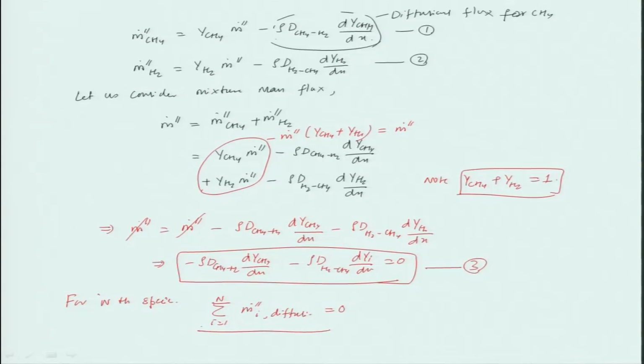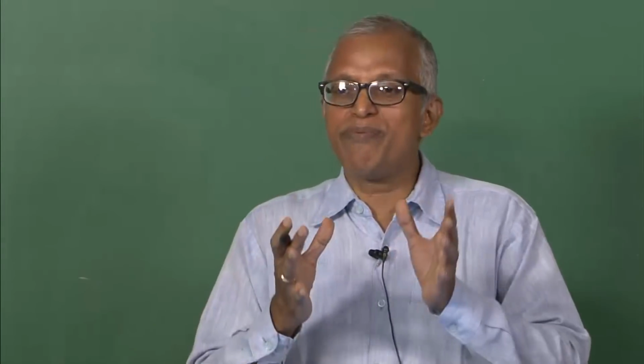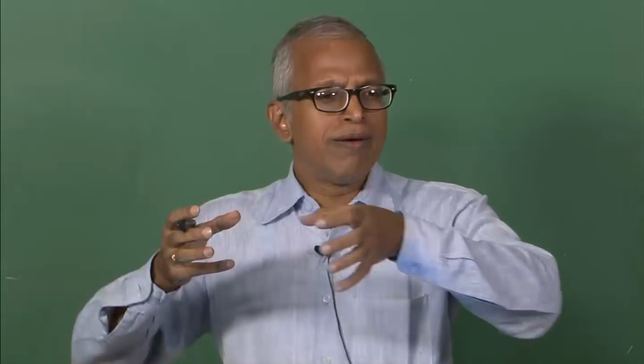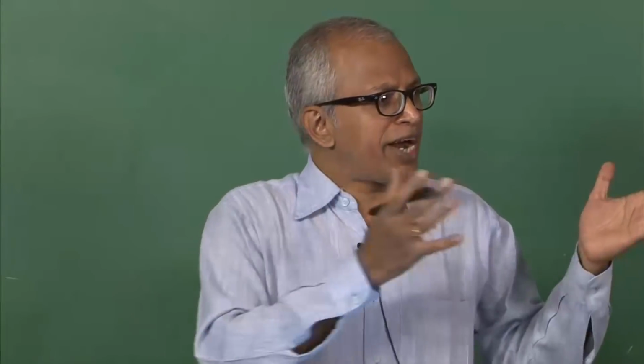That means the total diffusional mass flux will be 0 in a mixture. It is a very interesting thing you should appreciate. Somebody will be moving fast, somebody will be moving slow, but altogether diffusion will not affect the bulk flow. That is a very important point I am making.